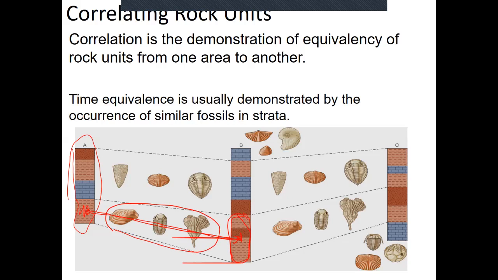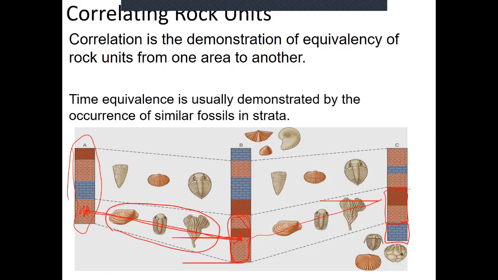So now we can put that age to these rocks at location B, and also, by virtue of the same principle, to these rocks at C. However, these rocks down here at location C have different fossils in them, so they likely formed at a different time.